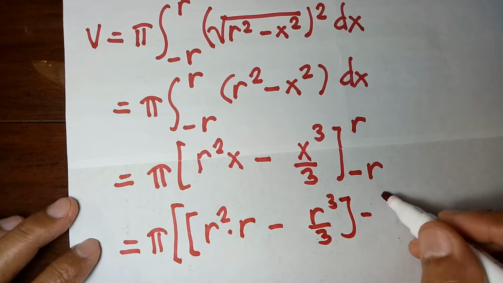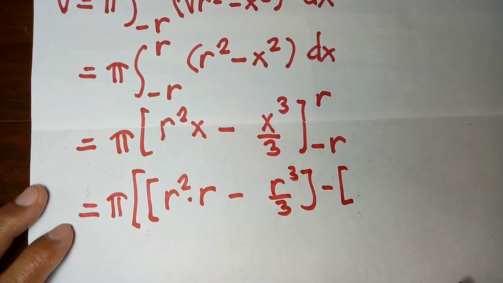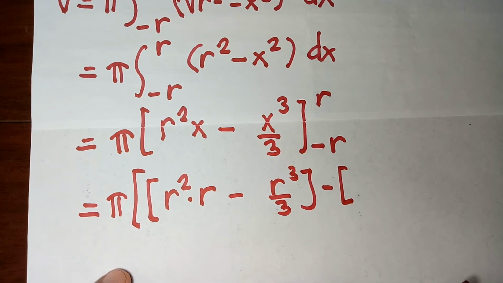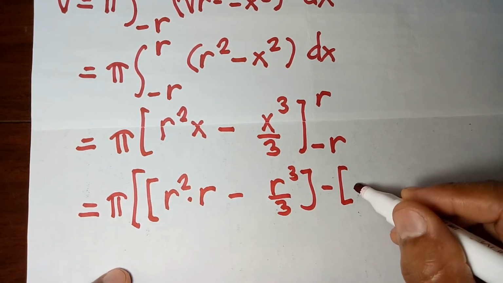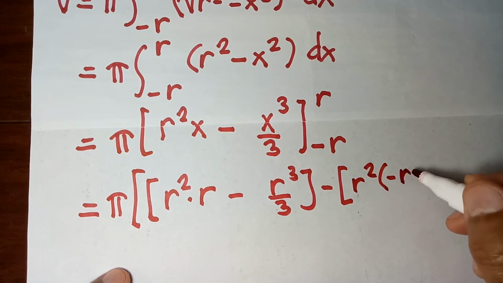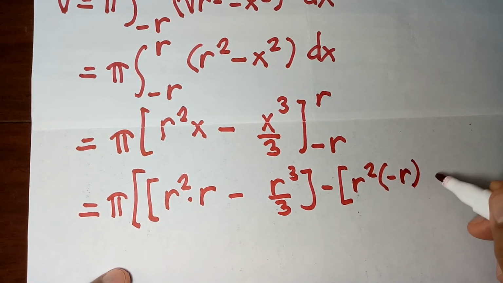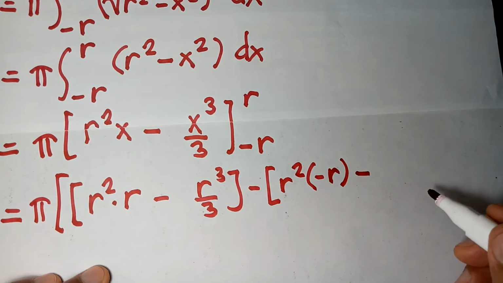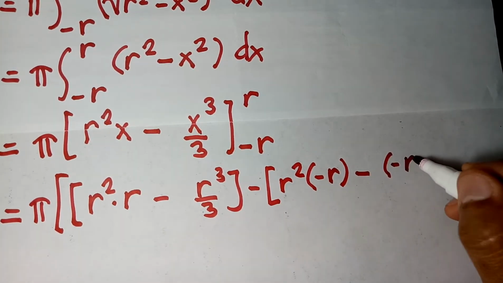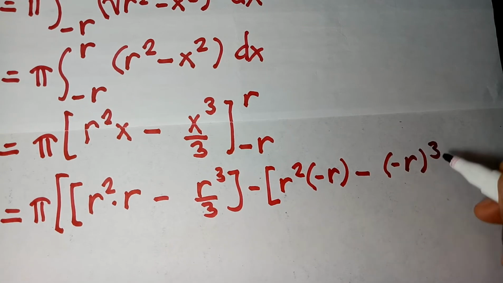And then minus, that is when x is negative r. So lahat naman ng x ngayon papalitan natin ng negative r. So I will have r squared times negative r, and then minus, so yung x ngayon papalitan din ng negative r. So negative r cubed over 3.